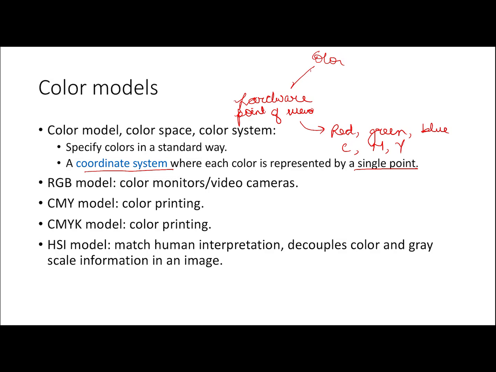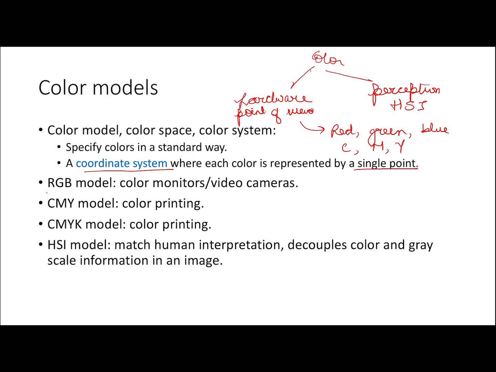And similarly, from the perception point of view, we have hue, saturation and brightness or intensity. So considering these two aspects, we can generate two different types of color models.